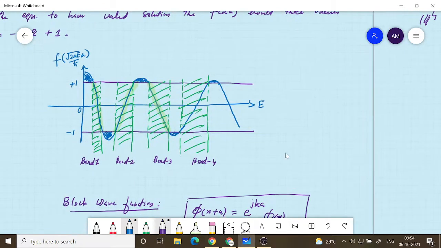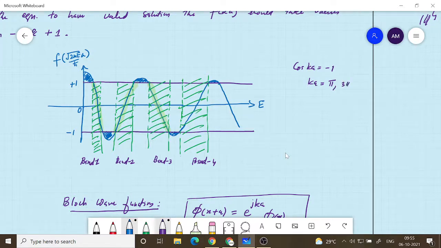If you look at here, I have put two limits for k values. One is -1, and when is cos ka -1? So cos ka is equal to -1. The ka is basically equal to pi. Okay, ka is equal to pi, then cos pi is -1.